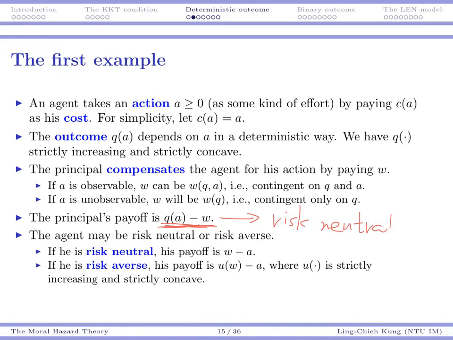And then $1 does not always mean $1 when you are rich or poor. Okay? U is strictly increasing and strictly concave, so that this shape can represent the fact that the agent is risk averse.